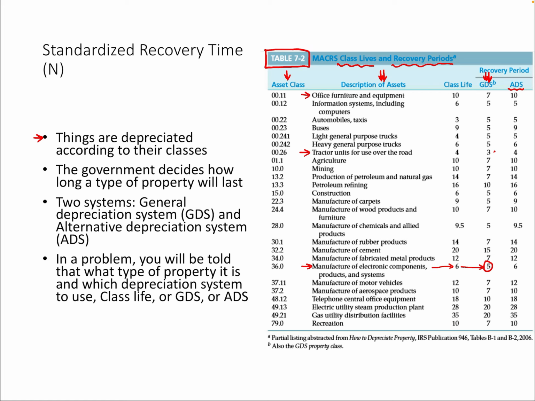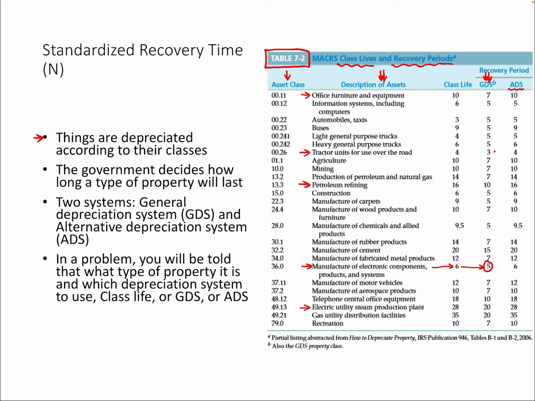And then let's take a look at petroleum refining. This class has a GDS recovery period of 10 years. It's even longer. And for the electric utility steam production plant, the recovery period is much longer.